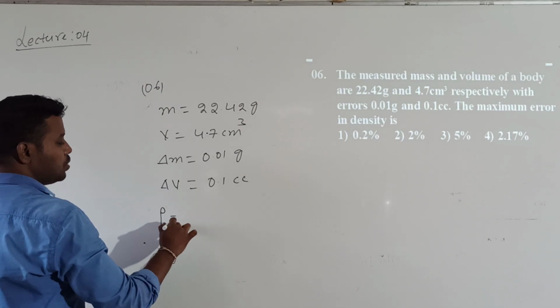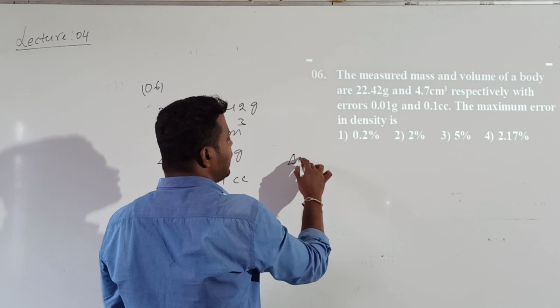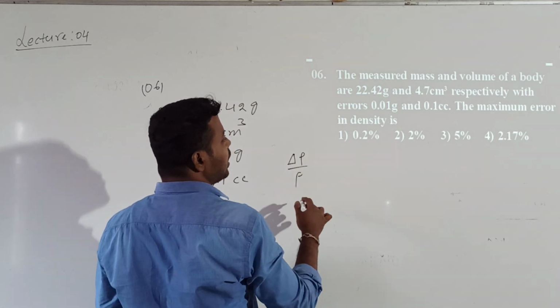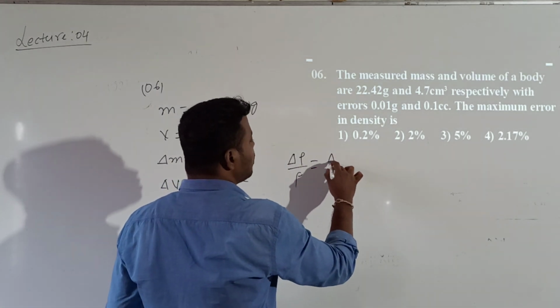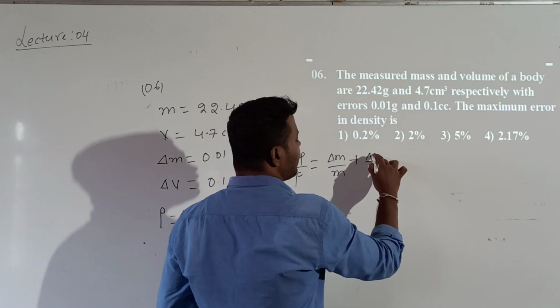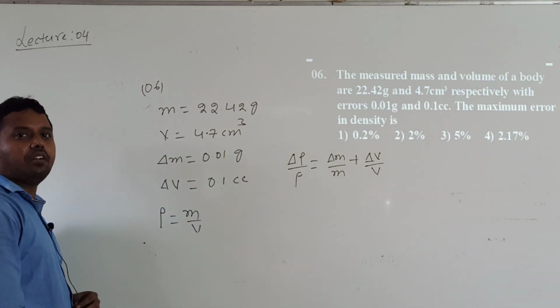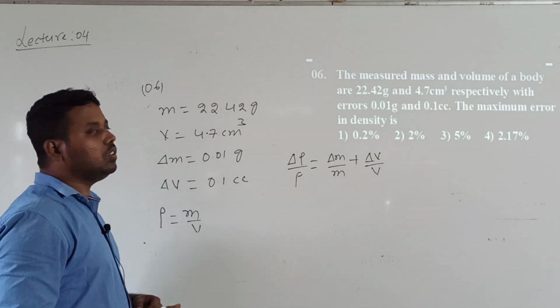Maximum error in density. So rho is equal to m by v. So what will I get for delta rho by rho? Delta rho by rho is equal to delta m by m plus delta v by v. Plus only. Addition rule and subtraction rule are the same; multiplication rule and division rule are the same.